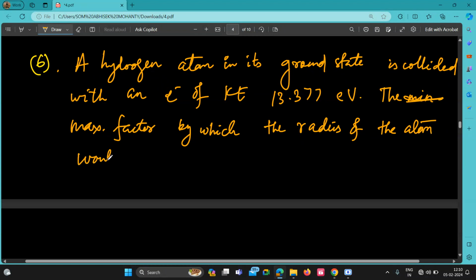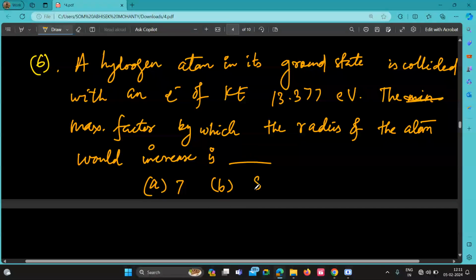The maximum factor by which the radius of the atom would increase is: option A 7, option B 8, option C 49, option D 64. A hydrogen atom in its ground state is collided with an electron of this kinetic energy. The maximum factor by which the radius of the atom would increase is.